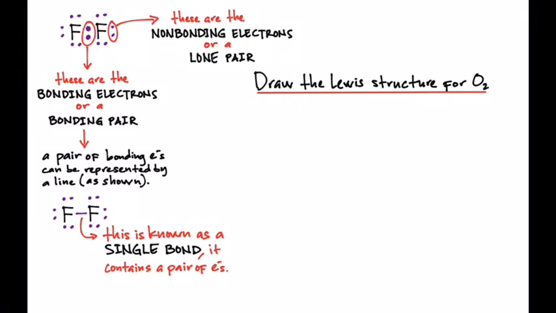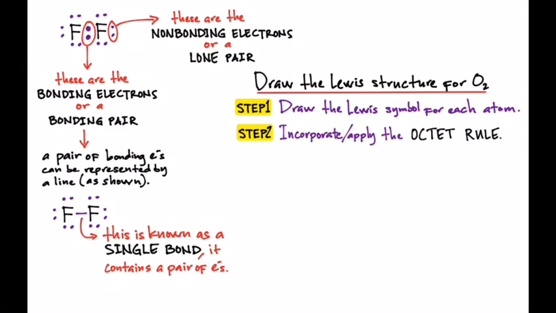So let's look at another example here. Draw the Lewis structure for oxygen gas. So again, oxygen gas is a diatomic molecule. So the first thing that you want to do here is to draw the Lewis symbols for each oxygen atom. And then again, apply the octet rule to make sure that each atom has a complete octet, 8 valence electrons. So here are the Lewis symbols for the oxygen atom.